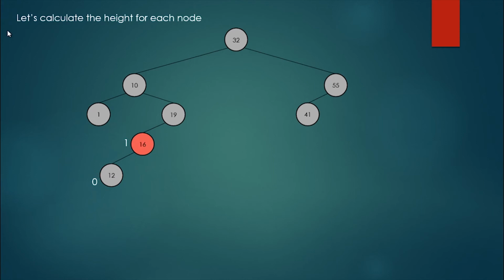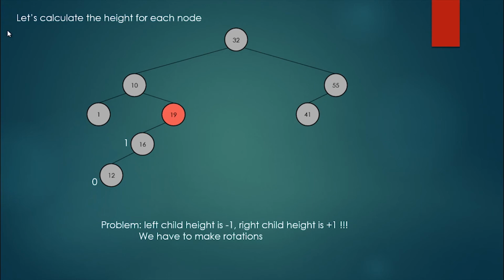Then we go to its parent and check whether it's okay or not. And it's a problem because, sorry, not the left child, the right child, it's a typo. The left child height is +1 and the right child height is -1, because it doesn't have any right child.